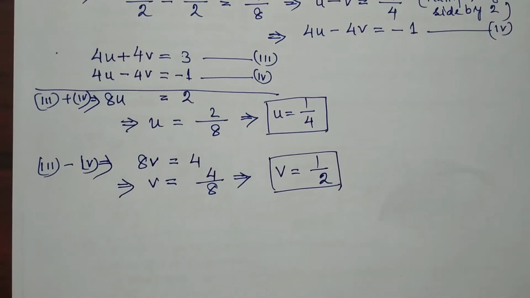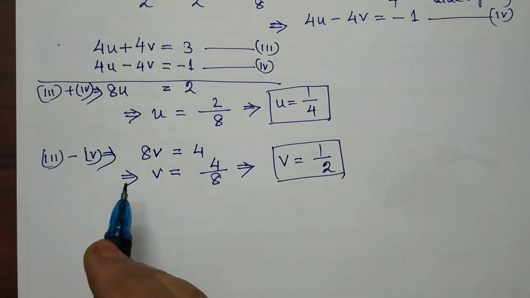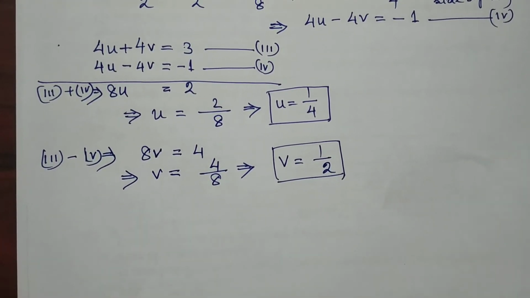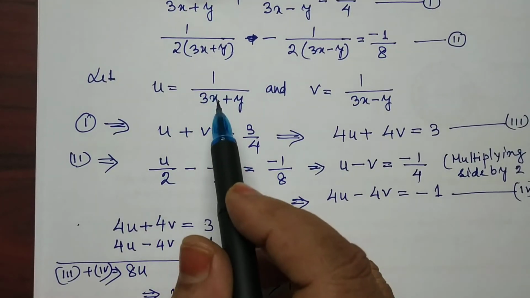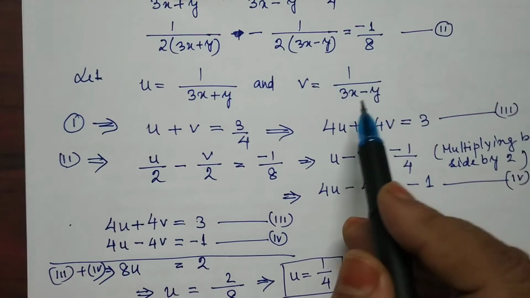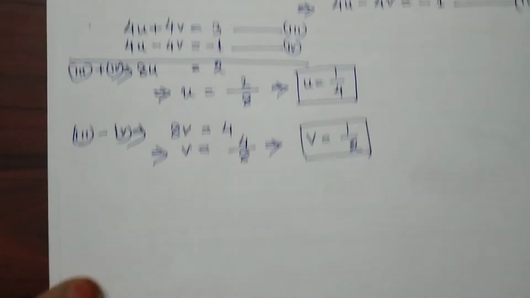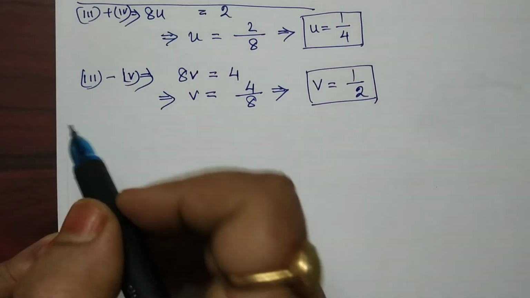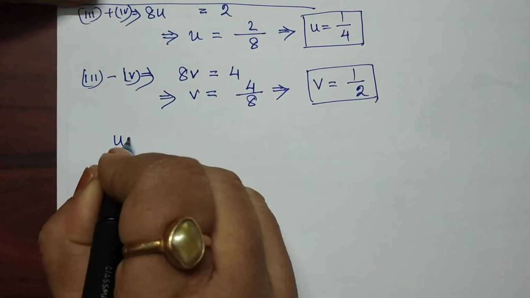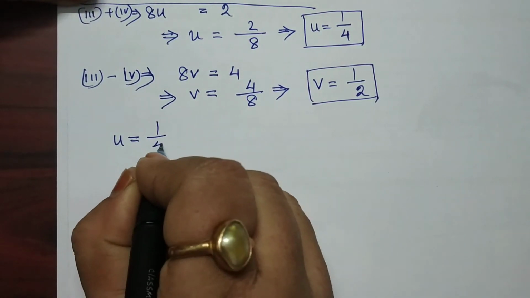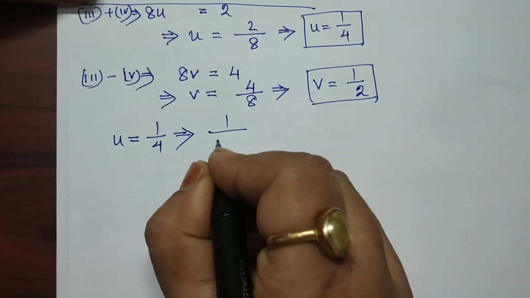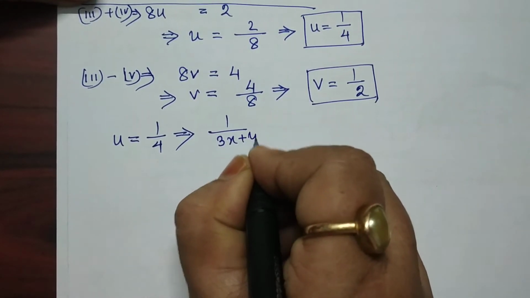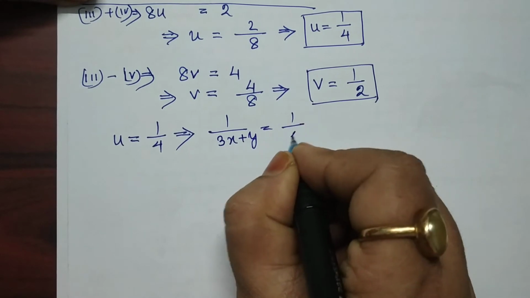Now, we put the value of u and v, because we took u equal to 1 by (3x plus y) and v equal to 1 by (3x minus y). That's why u equal to 1 by 4 implies 1 by (3x plus y) equal to 1 by 4.